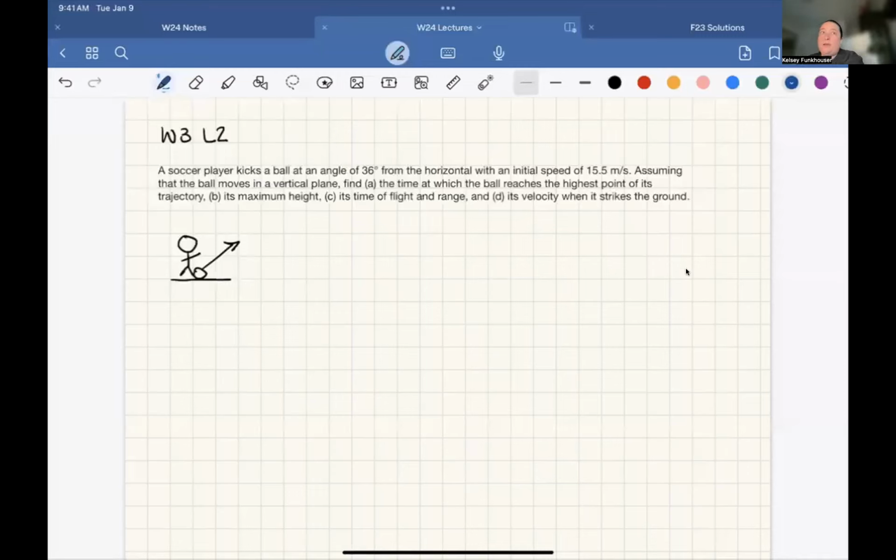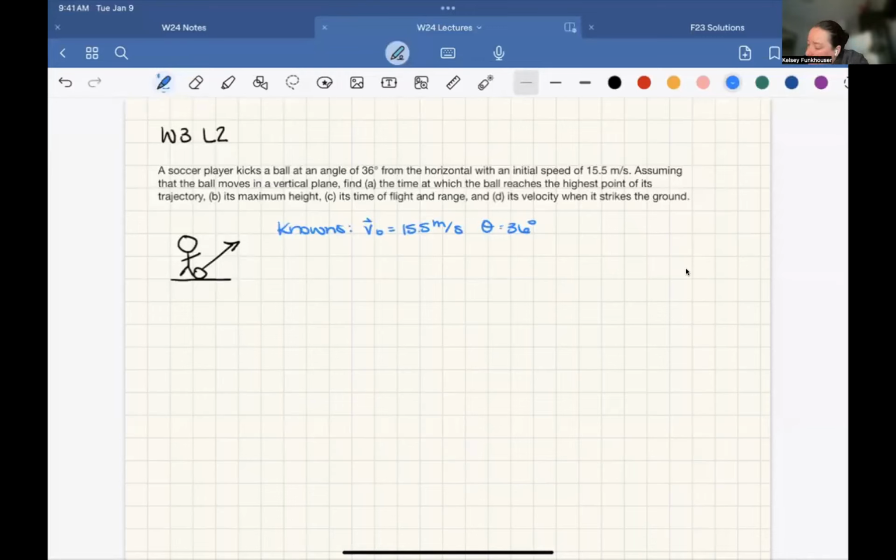Okay, so we should start out, as always, with our knowns and unknowns. So the initial velocity is 15.5 meters per second at an angle that we'll call theta of 36 degrees.